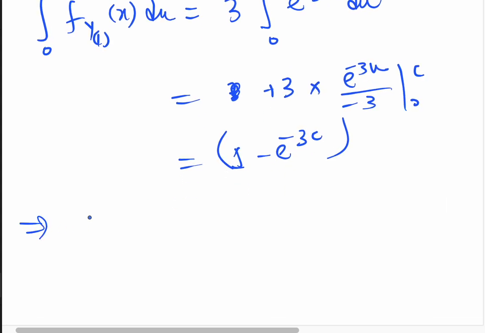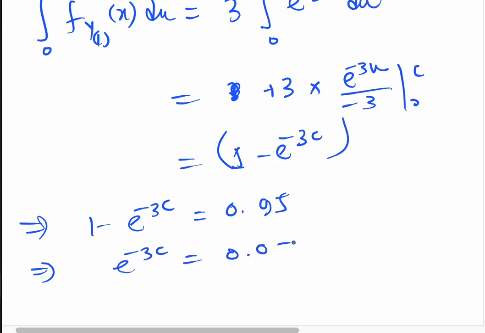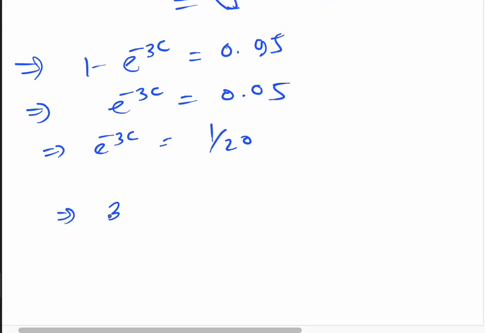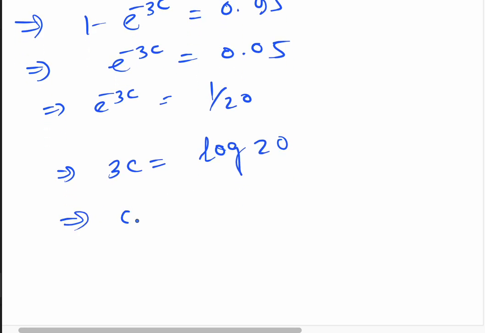So from here we get 1 minus e to the power minus 3c equal to 0.95, e to the power minus 3c equal to 0.05, that is 1 by 20, so 3c is log 20, so c is 1/3 log 20, which is approximately 1, so the value of c is 1.